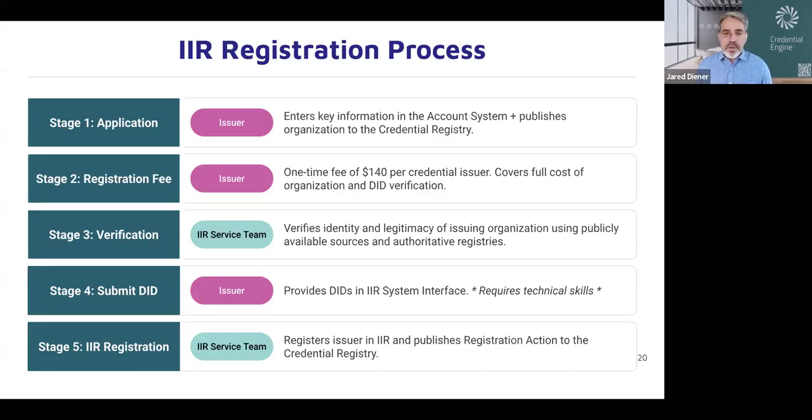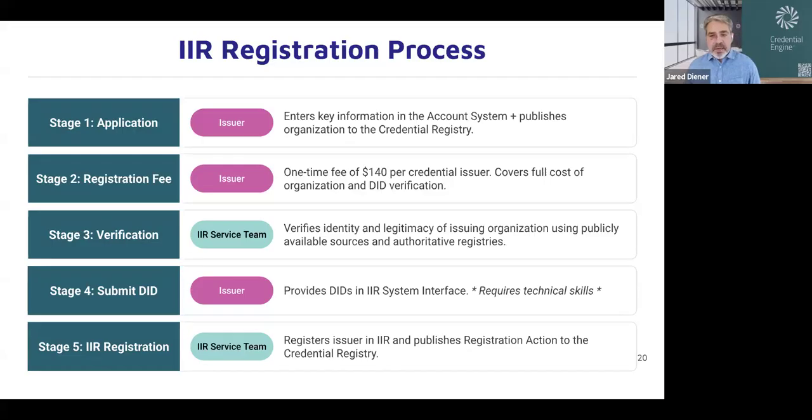This verification will confirm that the organization is a legally recognized identity, that it demonstrably issues educational or training credentials. It'll also confirm the organization's identifiers through business registries. And it will also confirm that the account users or contact persons are authorized to represent the organization in credential issuance matters.